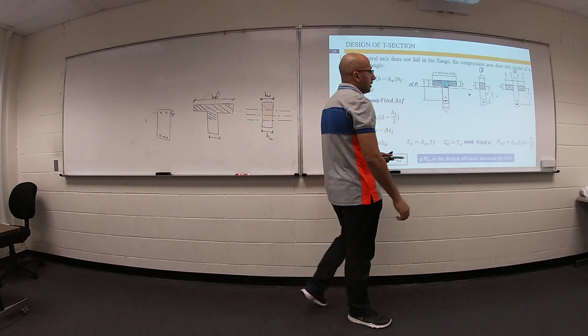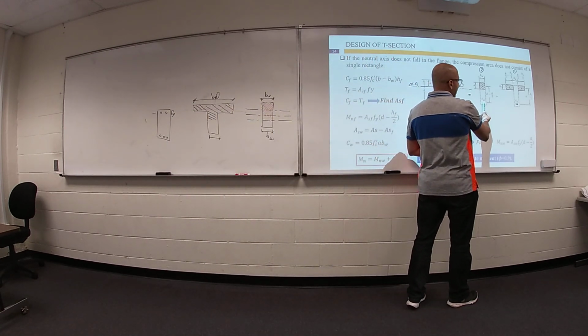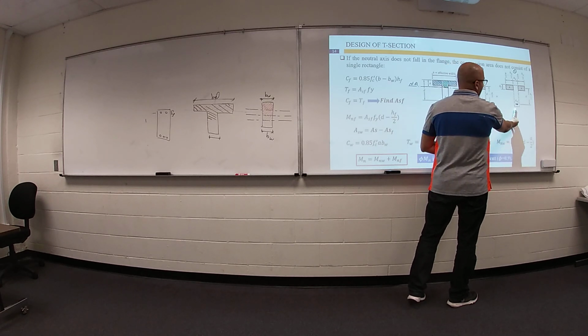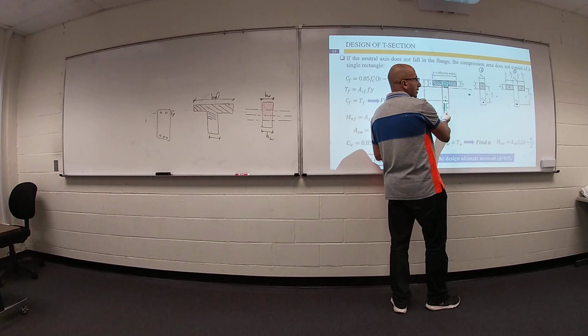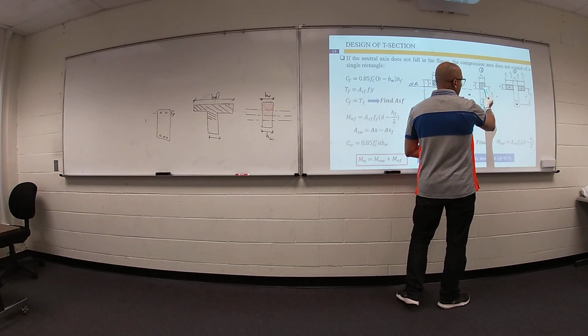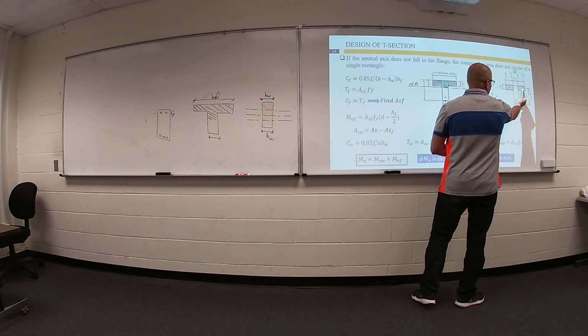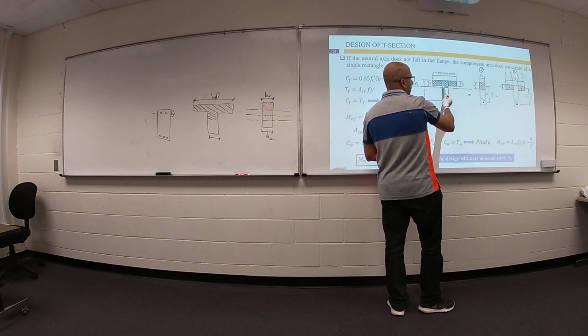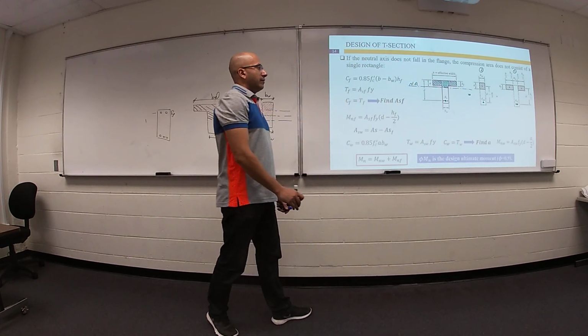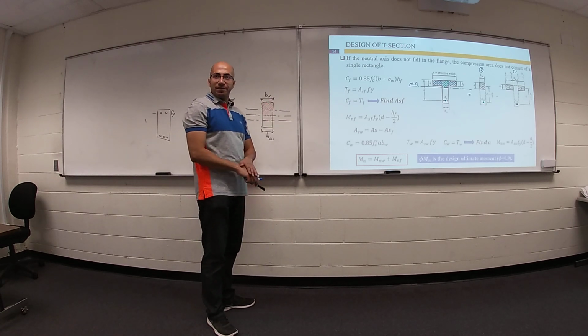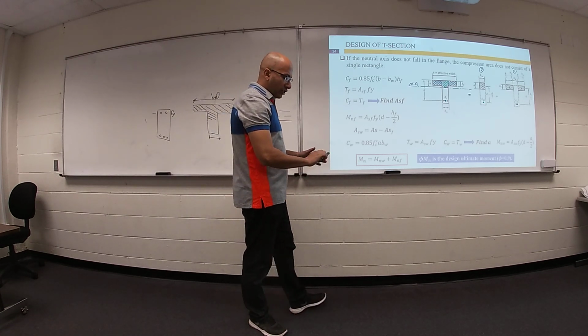Remember, this area of steel web plus area of steel flange equals area of steel. This shape plus this shape equals the total shape of area under compression. Any question so far? Any question?